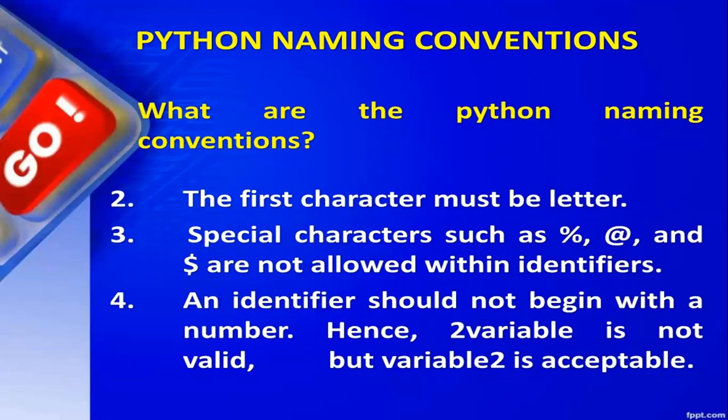Special characters such as percentage, @ and dollar are not allowed within an identifier. You cannot use these inside the name. An identifier should not begin with a number. Hence, 2variable is not valid, but variable2 is acceptable. So these are the rules.